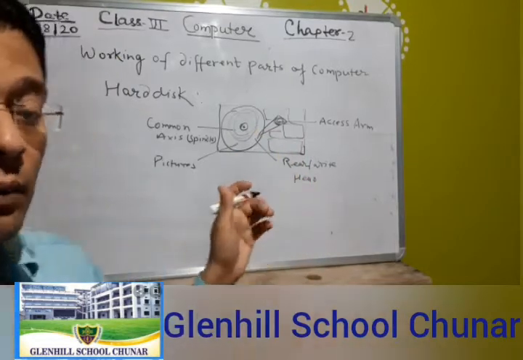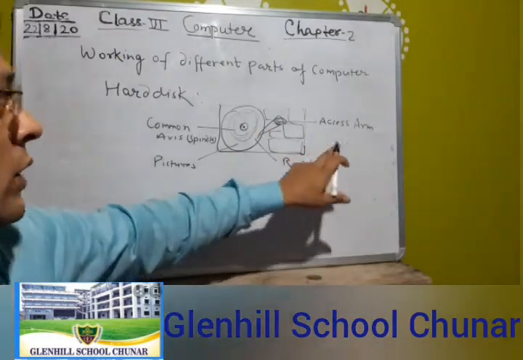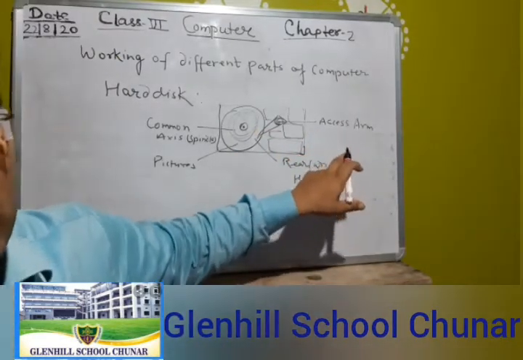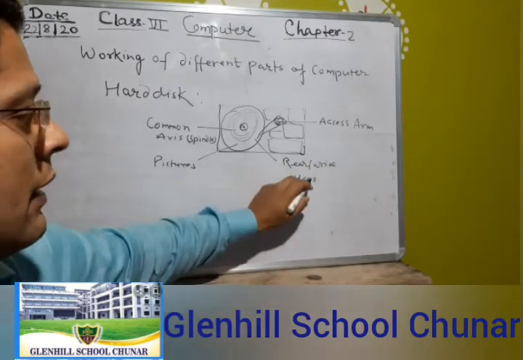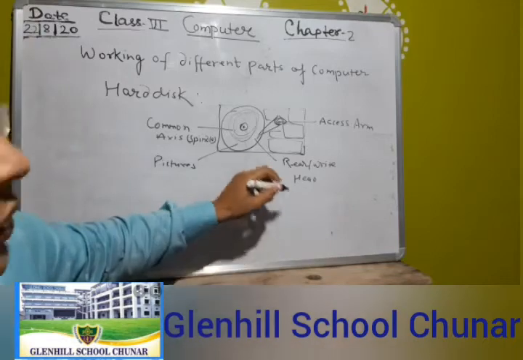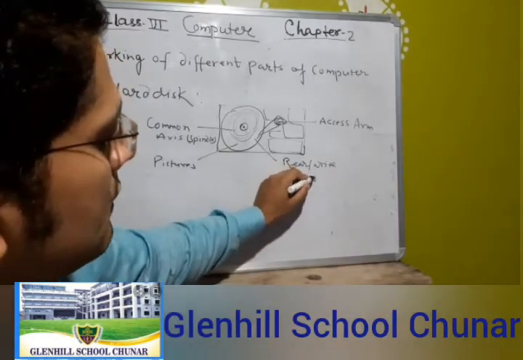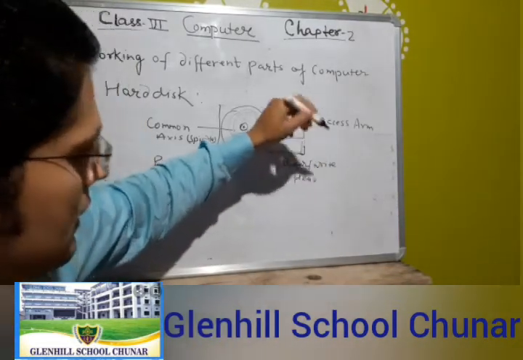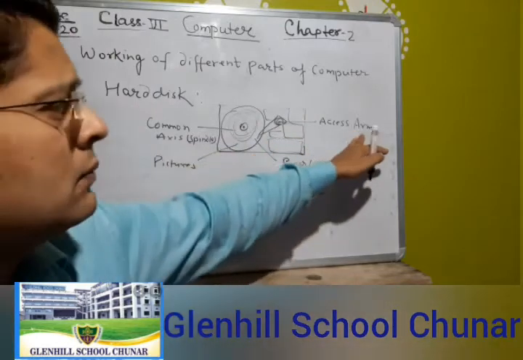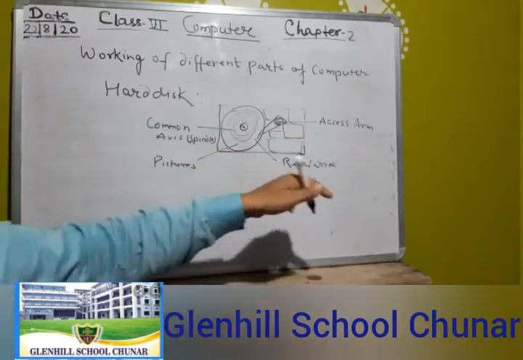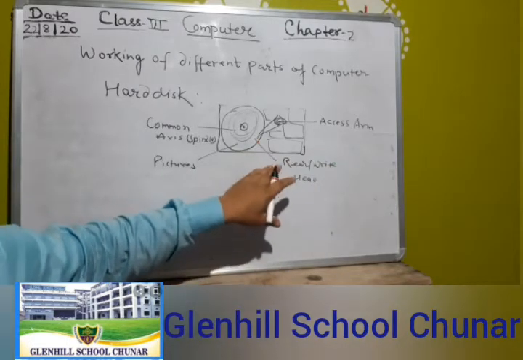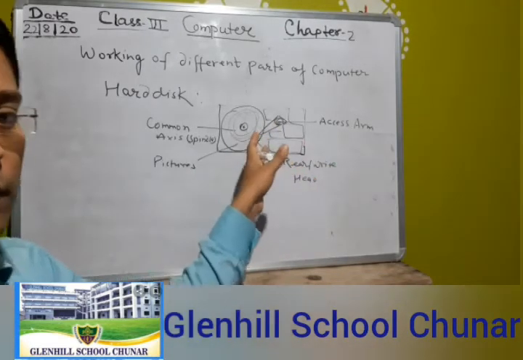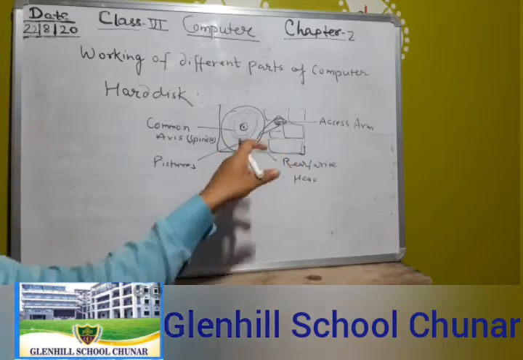An arm pushes and pulls the set of read and write heads, okay, student. So this arm pushes the read and write head across the surface of the spinning disk to access data.